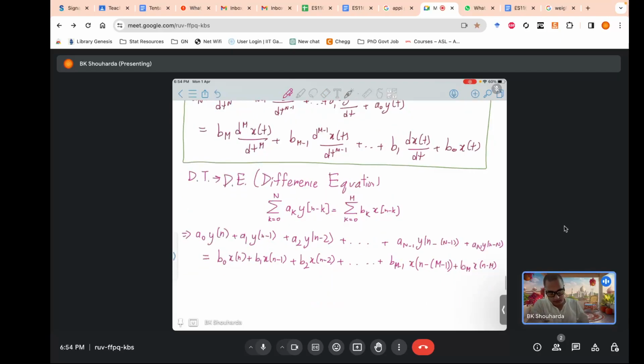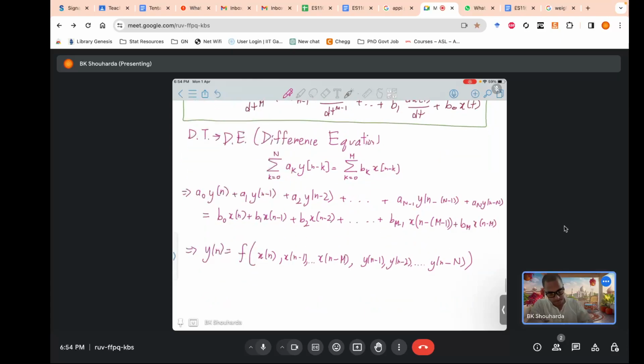So you can see, we can actually write y[n] as a linear combination, or a linear function, of x[n] till x[n minus M], and y[n minus 1], y[n minus 2] till y[n minus N].